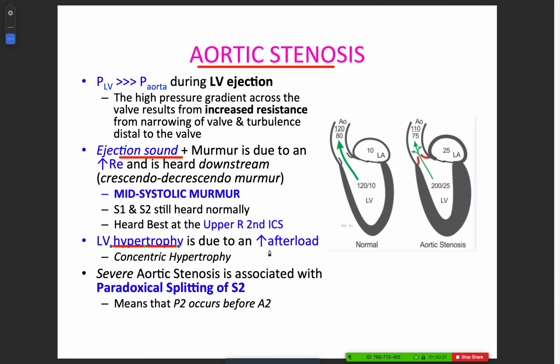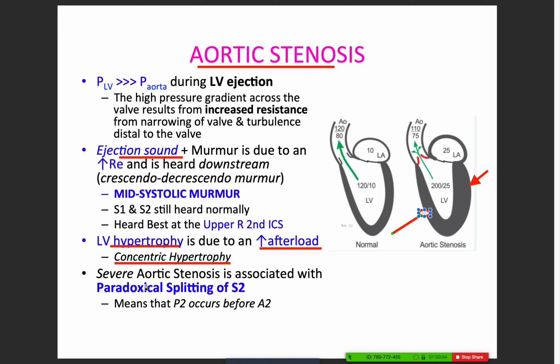Left ventricular hypertrophy we expect due to that increased afterload. This is going to give us a concentric hypertrophy. What that means is that all of the walls get bigger, both the free wall on the outside as well as the intraventricular septal wall. Basically, everything around the ventricle is going to get bigger. That's our concentric hypertrophy.